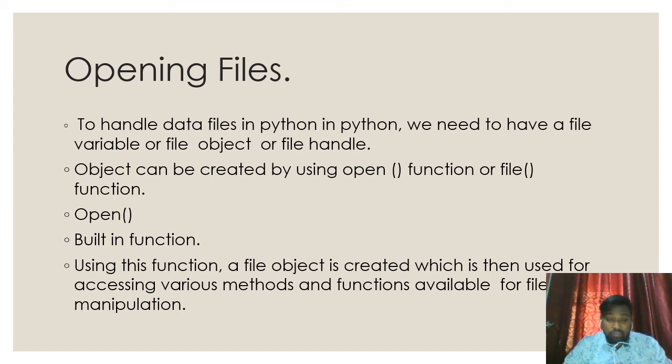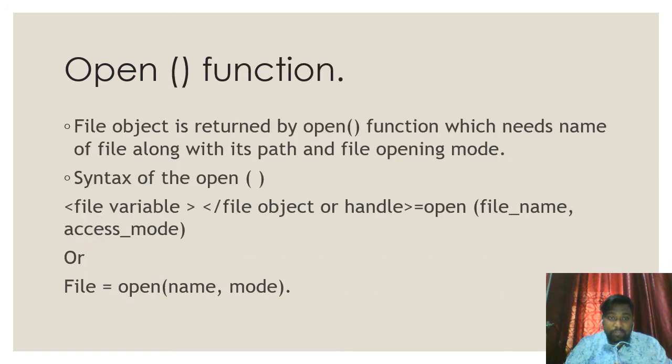Open is a built-in function, because when the Python programming language was developed, these built-in functions were stored separately. While we are using this function, a file object is created which is then used for accessing various methods and functions available for files. So this is the use of opening files.